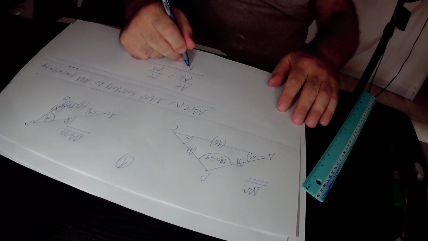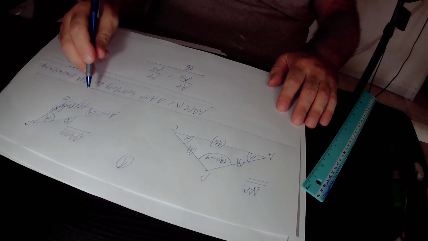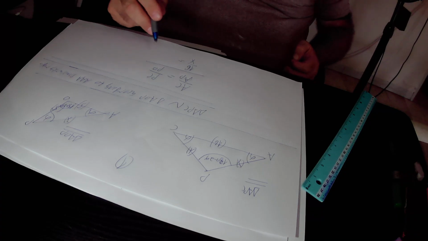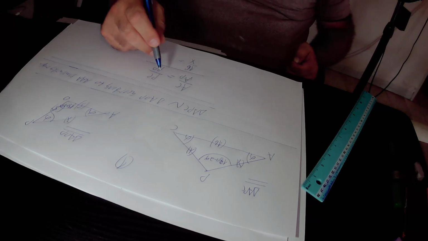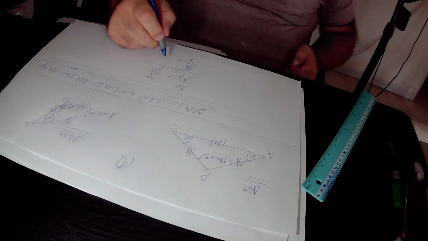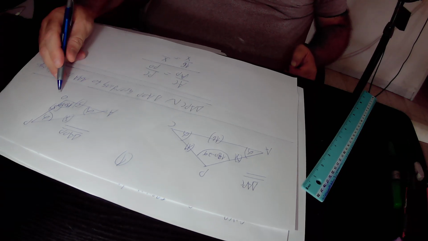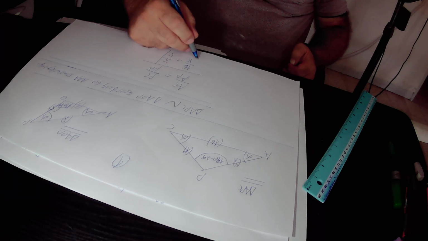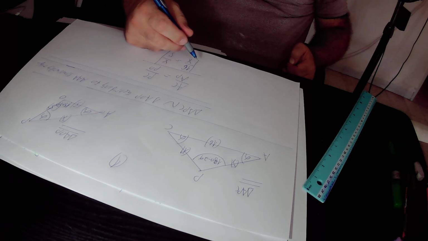AC is 16 over AP. AP is X, and it is equal to PC. PC is also X over PO. PO equals 5 units in length. So in total we should find that 16 over X equals X over 5.